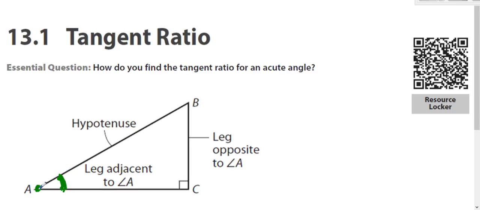If you put a dot at the angle you're referring to and a dot at the right angle, a line connecting those two points is the adjacent side. It seems simple, but if you cannot identify opposite and adjacent sides, you can't do this. You're going to mess up every problem if you can't identify them.